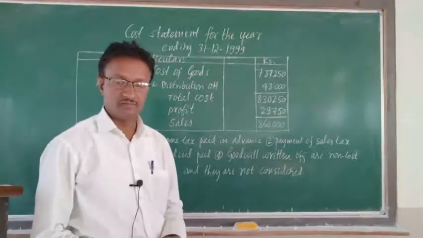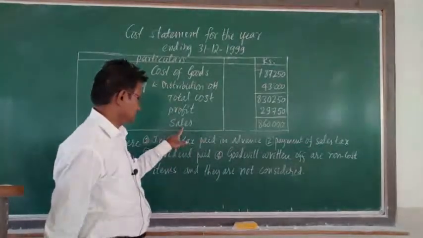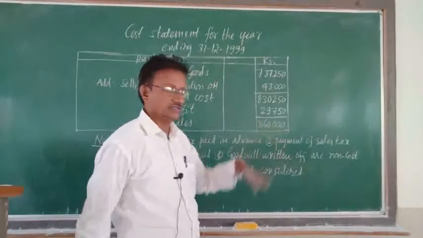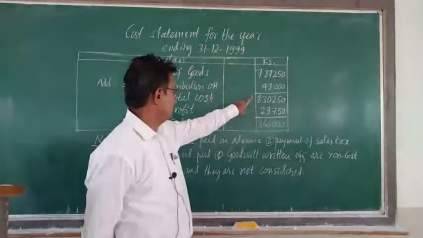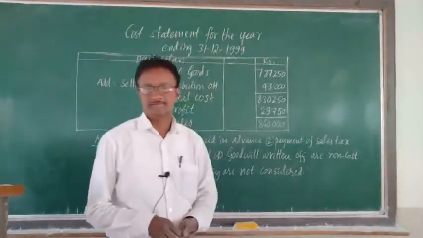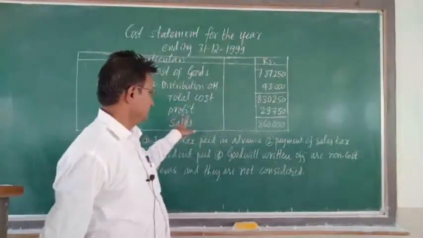If sales are more than cost, then there will be profit. So here sales given is 8,60,000, and the difference between sales and total cost is 29,750. It is the profit here.